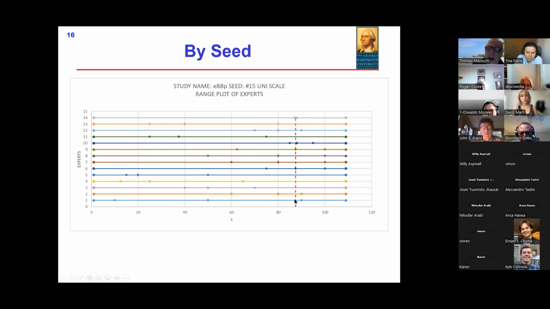So you can see how the experts did on this one seed variable value. You can see, for example, that expert 10 and expert 6 were pretty close to their median value, which was pretty close to the seed value.